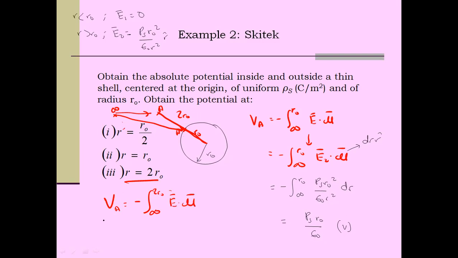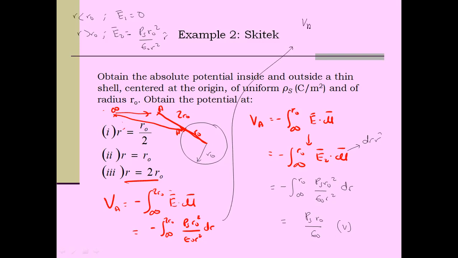So the integration will be from infinite to the point A. A is at a distance of 2 R naught from the center of your sphere. So for this, you're going to have a negative integration from infinite to 2 R naught of rho s R naught squared divided by epsilon naught R squared dr. As we proceed with these integrations, I'm going to write it here.